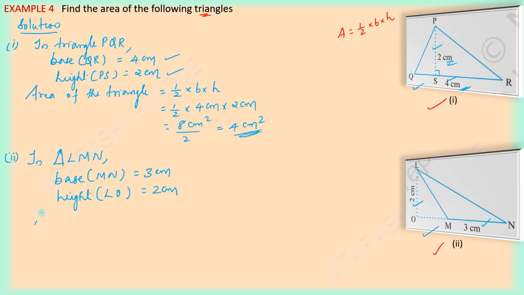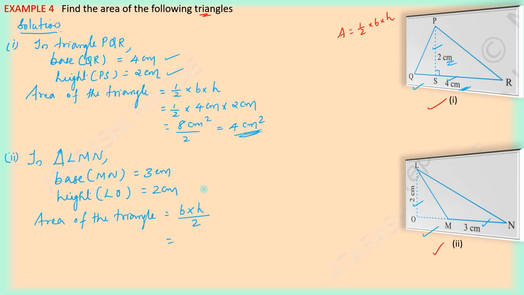Now area of this triangle equal to half into base into height, or we can write base into height divided by 2.